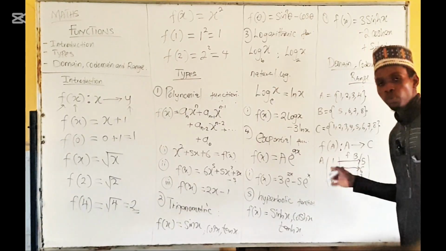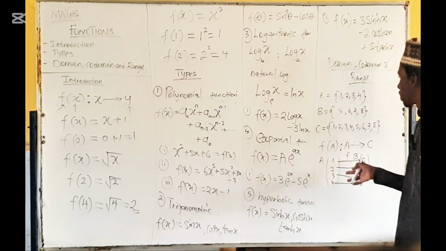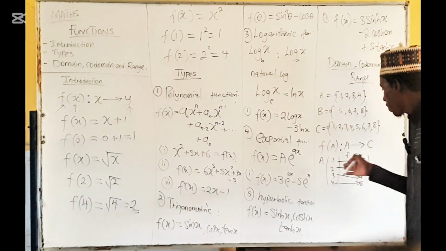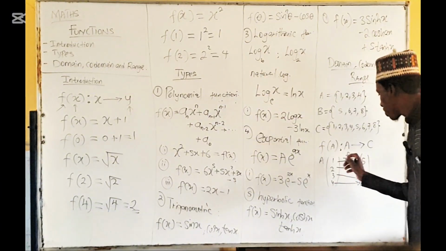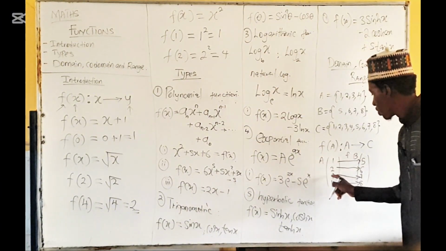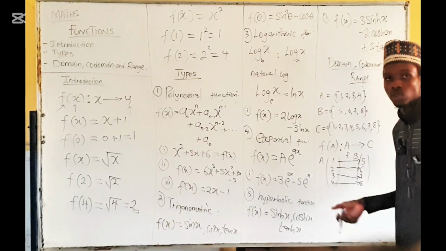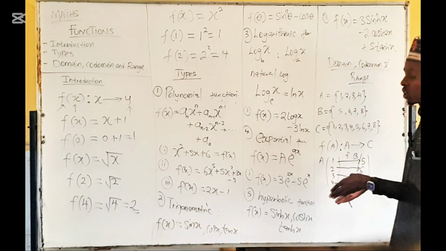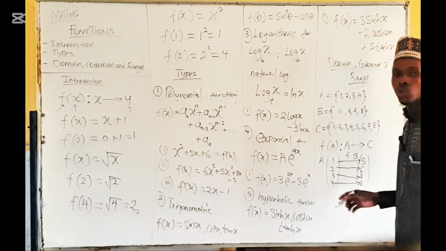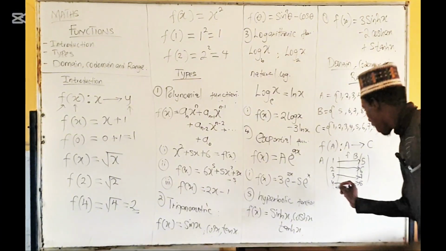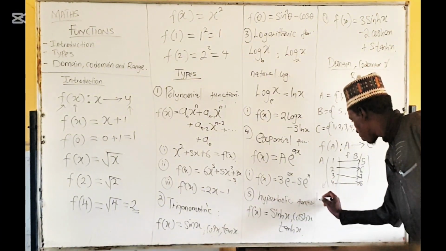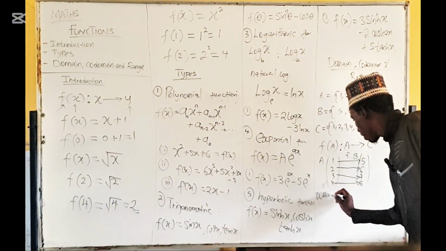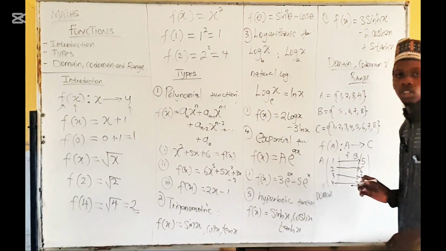This means the inputs in this function, what we are inserting inside the function, are 1, 2, 3, 4. Those are what we are putting inside the function. So all these numbers that you are putting inside a function are what is called the domain of a function.